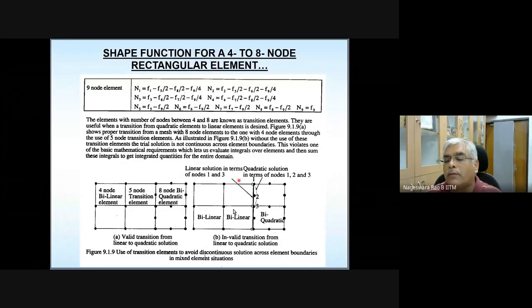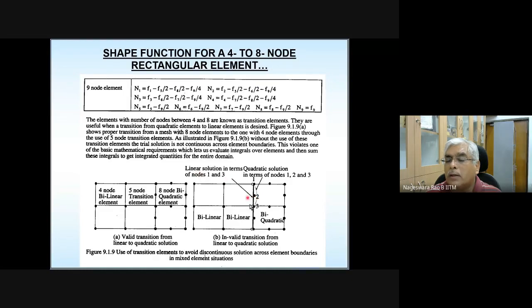Similarly, an example of invalid transition is shown. Here 4 node elements are there, and here 8 node elements are there. Here it is nicely shown that 5 node elements are used, but instead of that, if you plan to use 4 nodes here and 8 nodes suddenly here, then interpolation is going to be a problem.